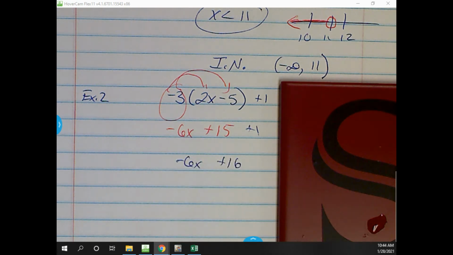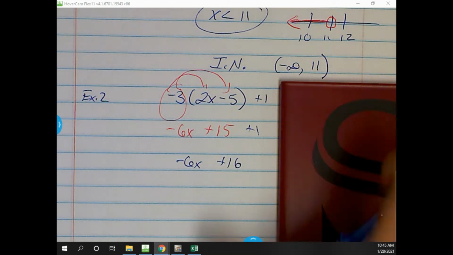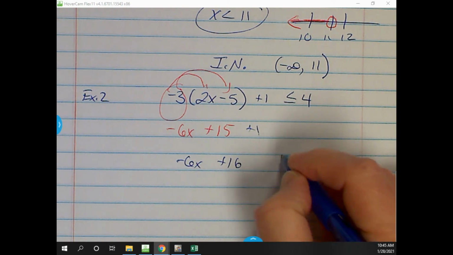So we get -6x plus 16. There's nothing else you can do there, so now we can bring in the less than or equal to 4.